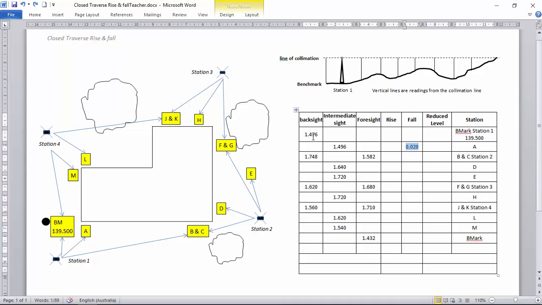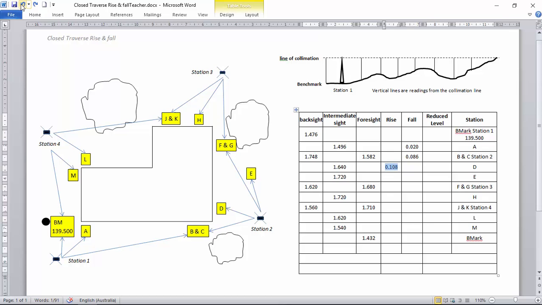And what we do here from 1476 to 1496, there's a difference of 20 mil. It's a fall. The numbers go up, so it's a fall. The numbers go up from 1496 to 1582. We've got another fall of 86 mil. We then have a rise because we have a from 1748 to 1640.